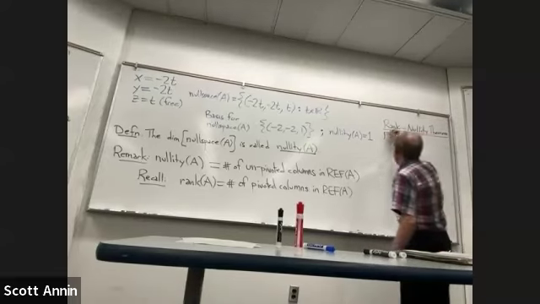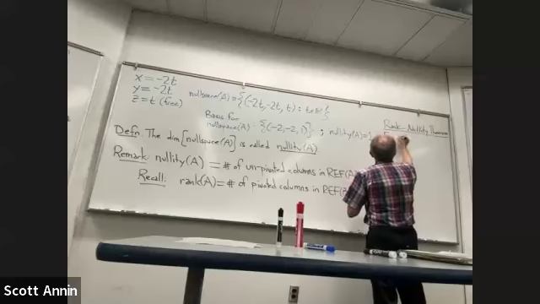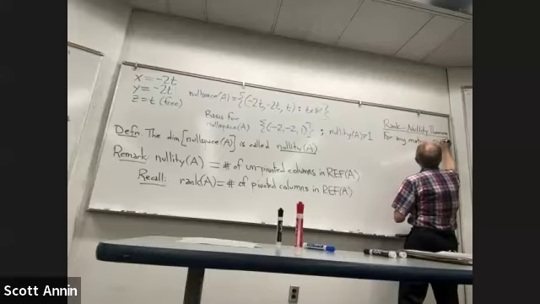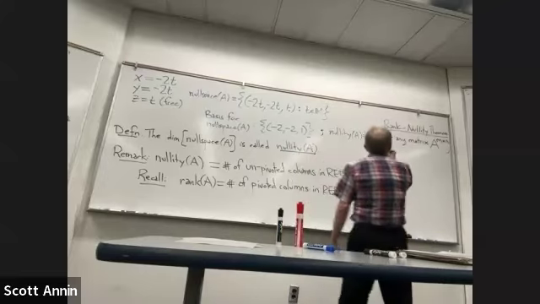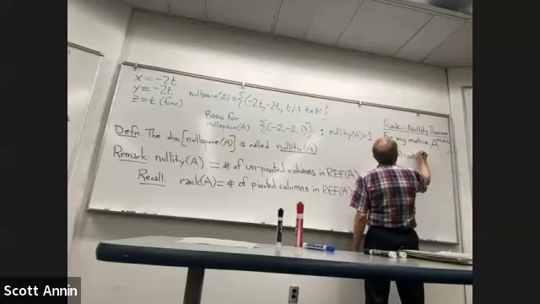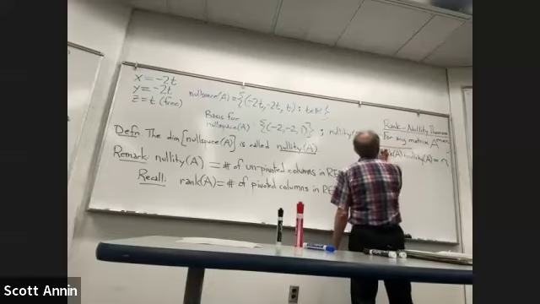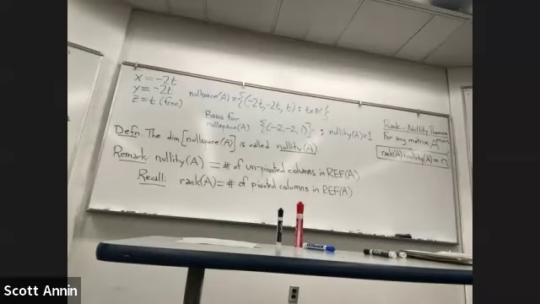It just says for any matrix A, which is M by N, if you take the rank of A and you add it to the nullity of A, you must get N. You must get N because the total number of columns is N. And that number is made out of two parts.